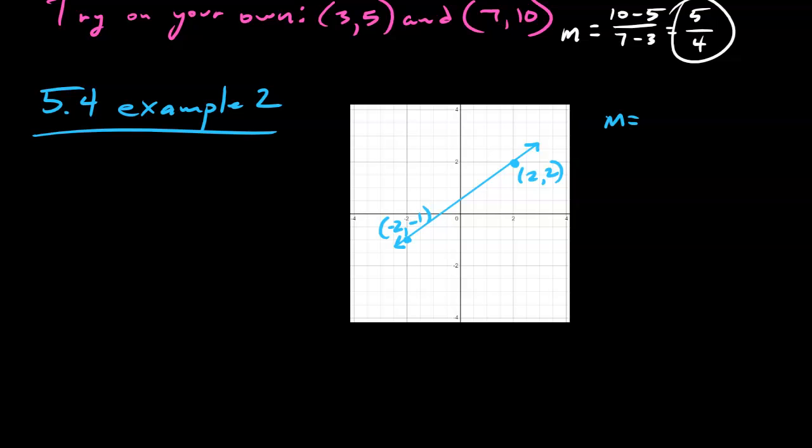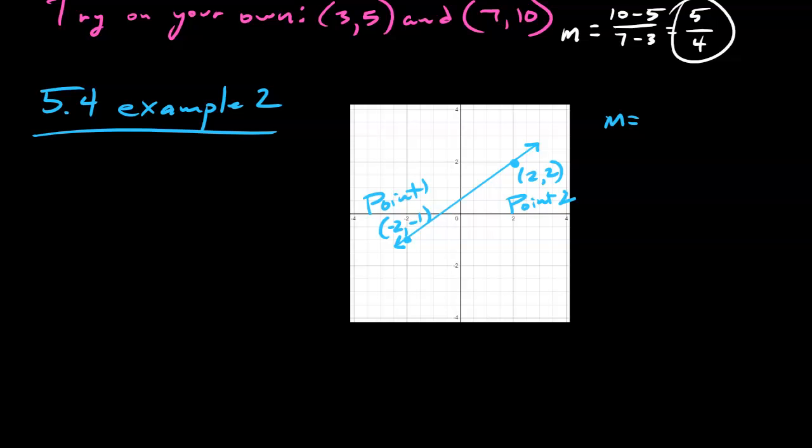Close. You have those backwards. But what you were trying to describe to me was you said this was point 1 and this was point 2. Technically, it doesn't matter, but we'll just designate one.